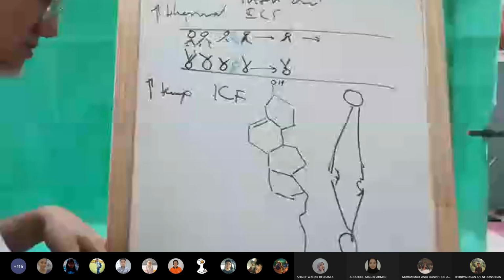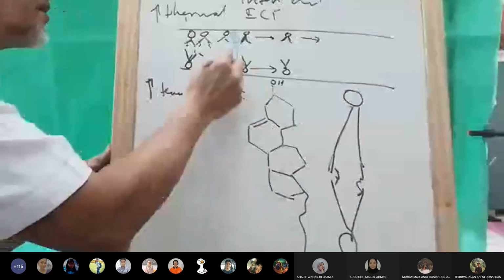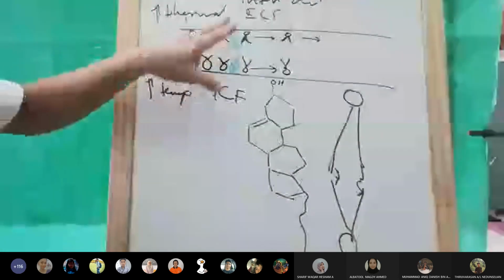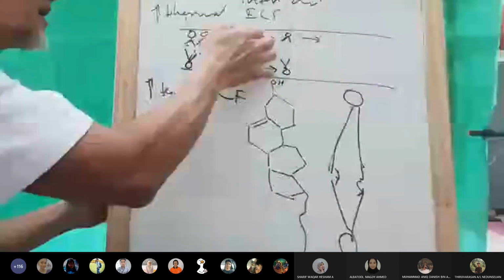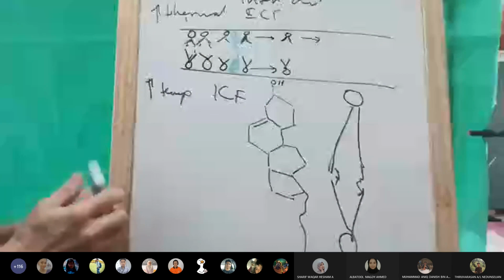So it can flip between the two planes. Even though it's rigid, it can anchor the phospholipids between them. It can make them very rigid, but itself it can fit into these different planes.